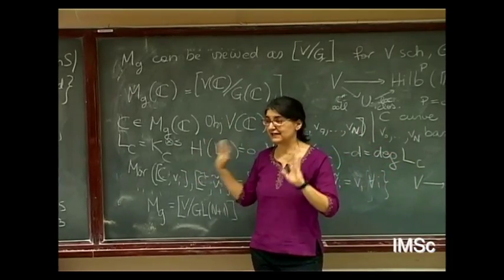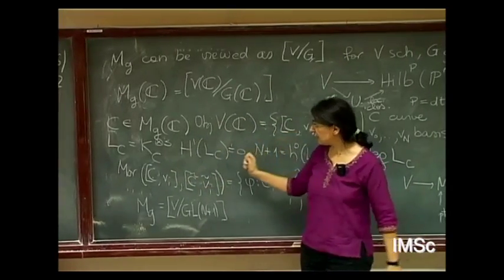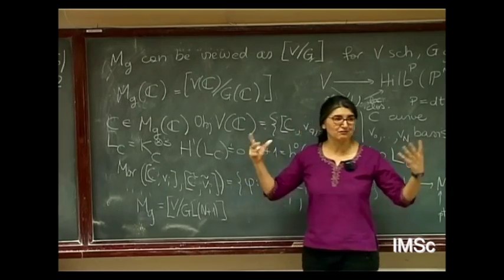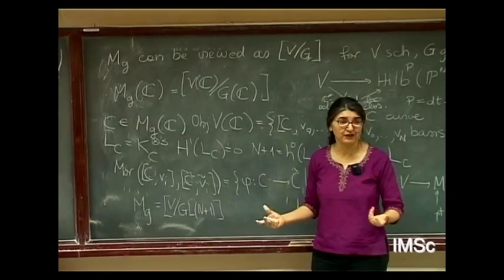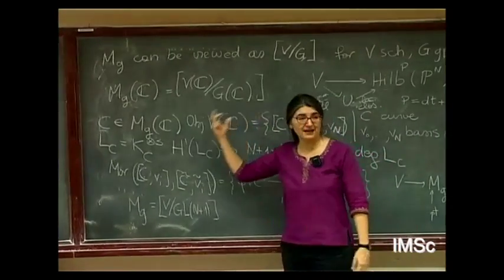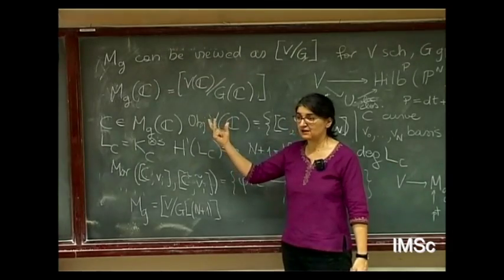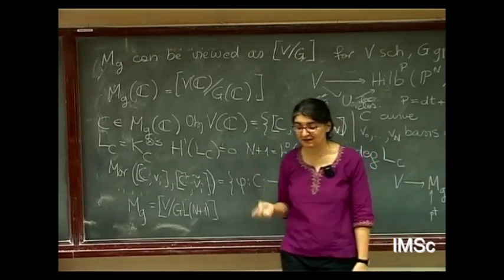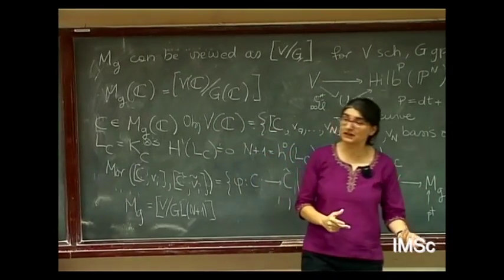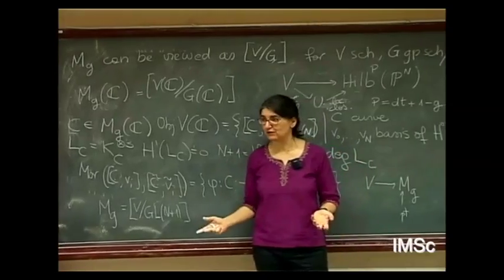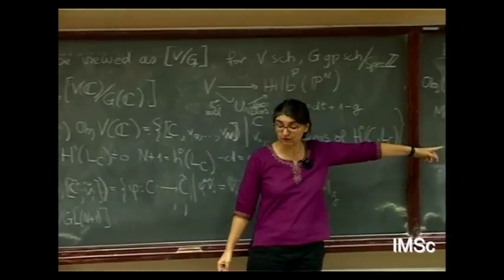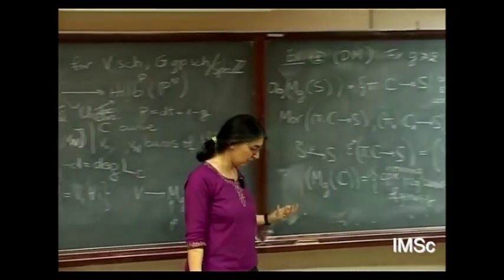So the key idea is that this is a stack which exists by itself, and then you can represent it as a quotient stack. You can do it when you need to, but you don't have to. A natural way to think of it is this one.